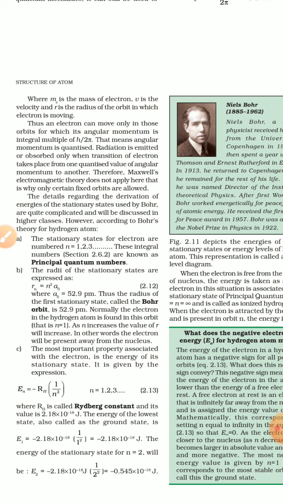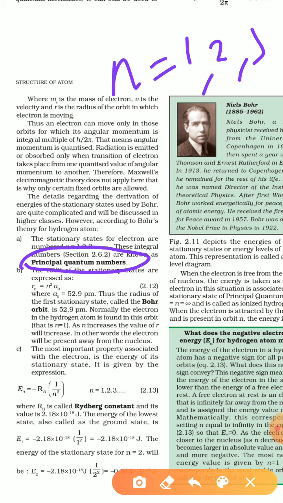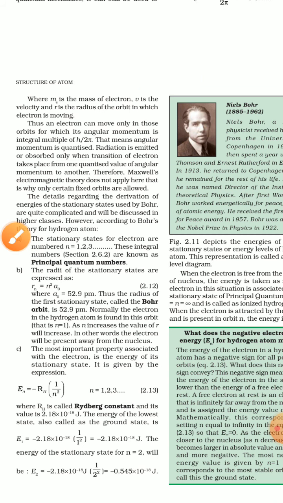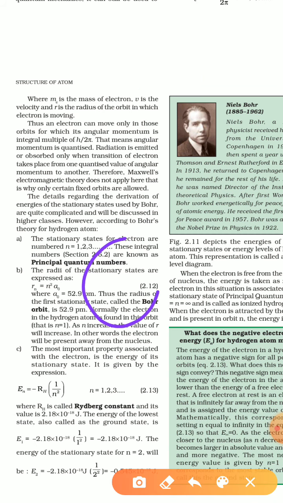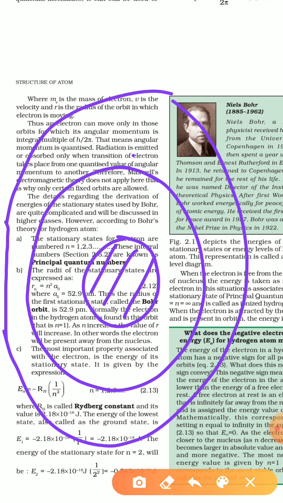That n value is known as the principal quantum number. If you have the structure of an element, suppose this is a nucleus, the first orbit where the electrons are present is n equals 1 because it is the very first orbit.